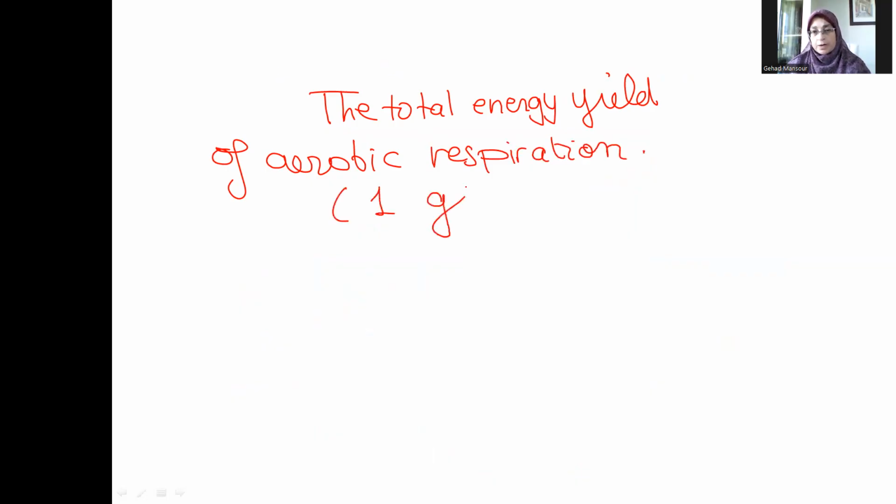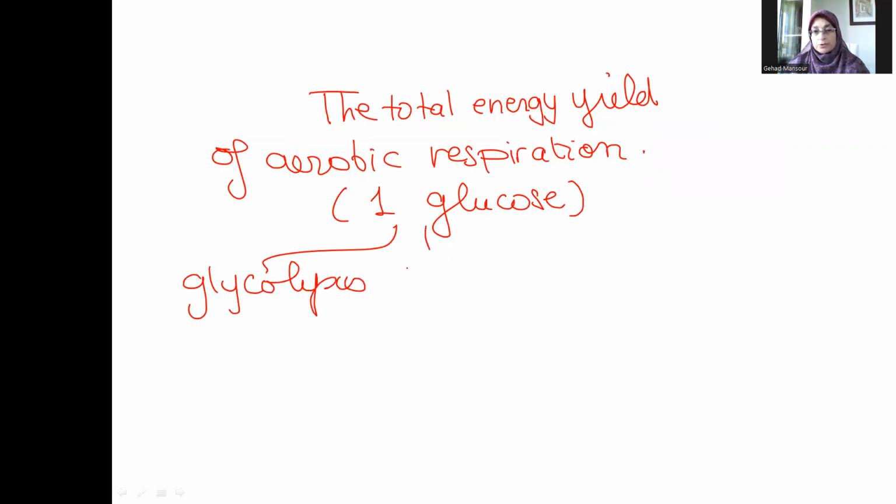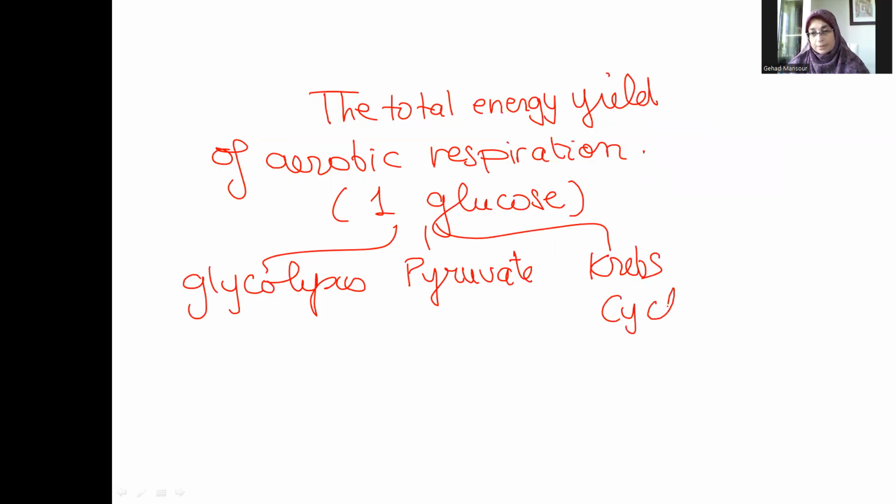We start by one glucose molecule. So you will have glycolysis, and then after glycolysis, you will have the pyruvate reaction, and then you will have Krebs cycle, and then finally, you will have the electron transfer chain.